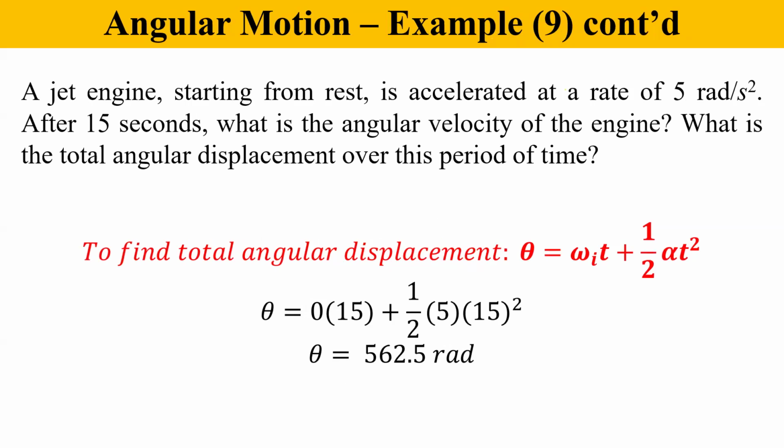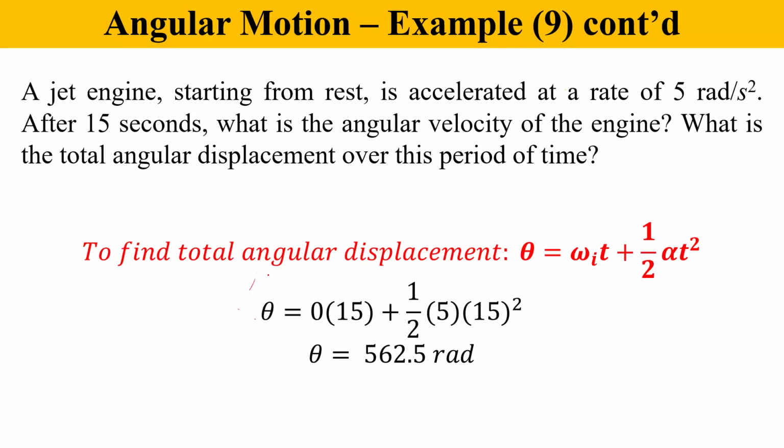So the total angular displacement is equal to the initial velocity times time plus half alpha t squared. The initial velocity, if you choose to use that formula, is 0 times 15, so that part is going to drop out.